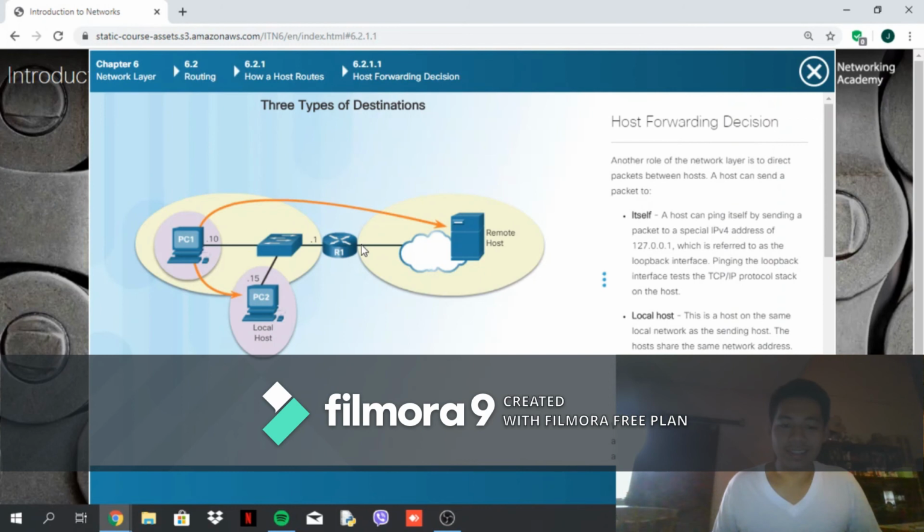It is independent. It doesn't share any other network addresses, unlike the local host, which has a similar network address because it is connected to one switch or one router.